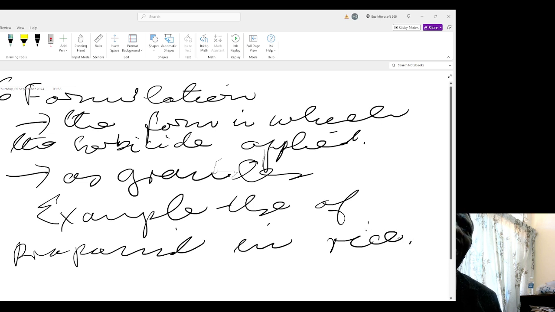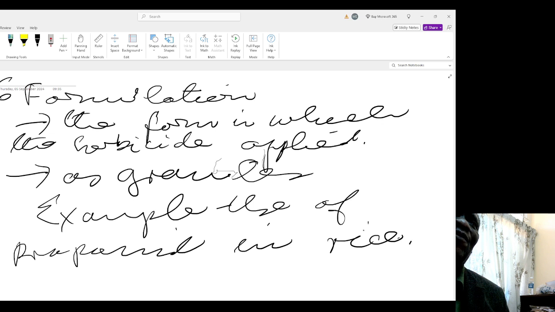What happens is that when the herbicide is in the form of a granule like a fertilizer, if you broadcast it, it will roll off the rice plants. Once it lands on the ground, the herbicide is released and it is going to kill the weeds.